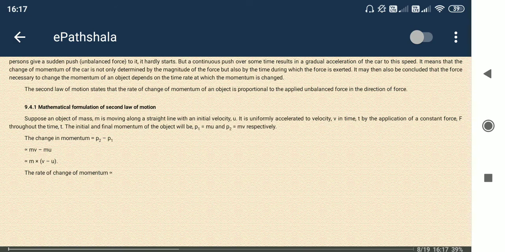So from the second law we get F = ma. Force is equal to mass into acceleration. Change of velocity is acceleration; if velocity is increasing, then there is acceleration. How much acceleration it will have is determined by the force applied.